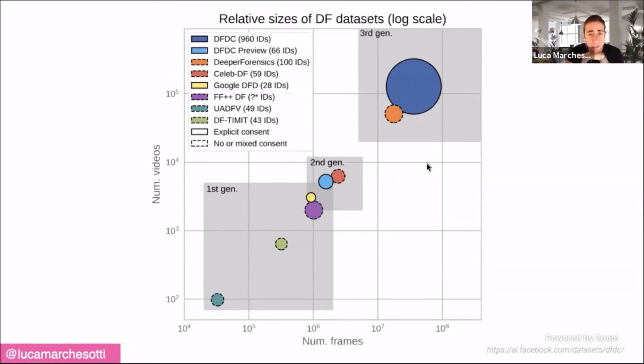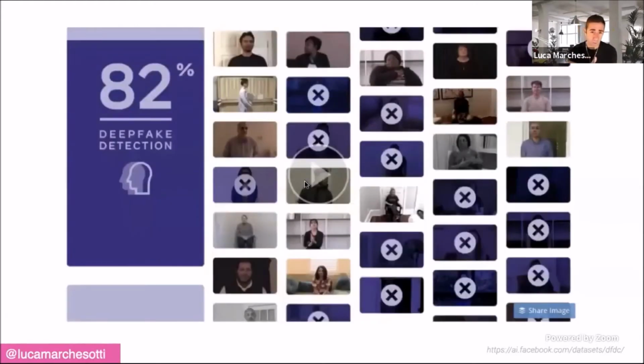It's really big, but is this about quantity? What is the challenge here? This is certainly not a problem where the more data you throw at it, the better you are, because as you can see from the best results, 82% accuracy, we're still very far away from a usable model, a usable set of techniques.